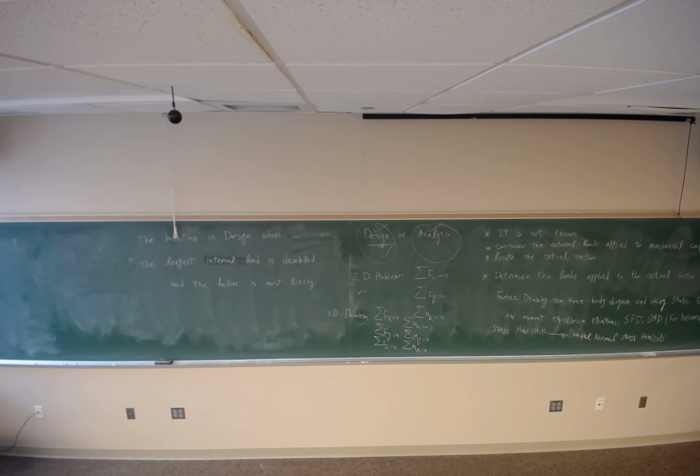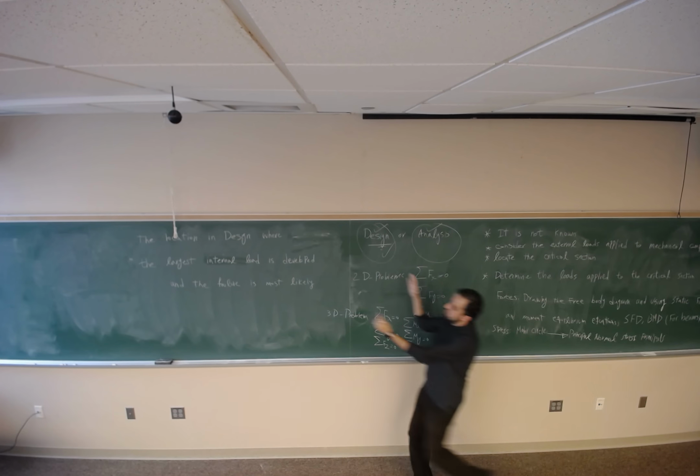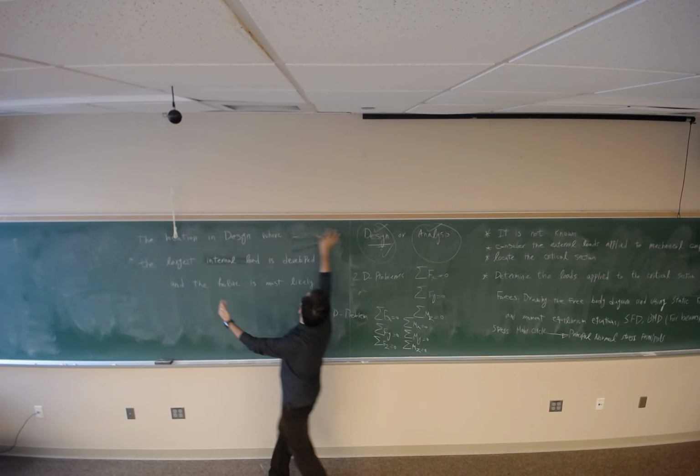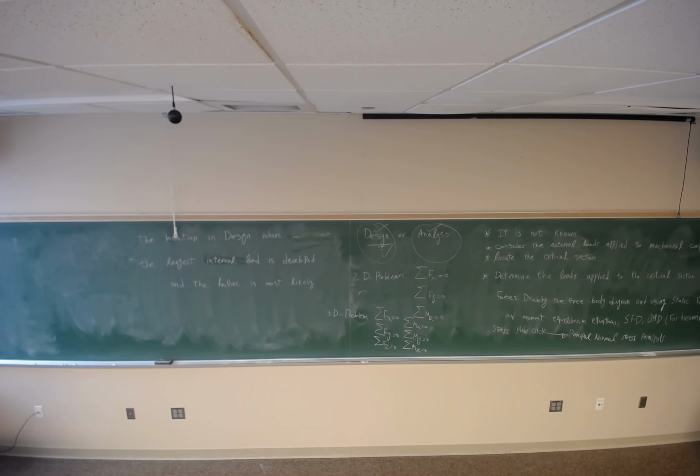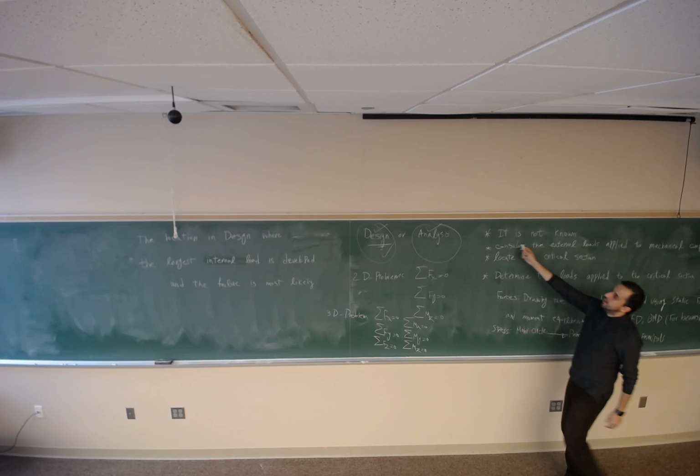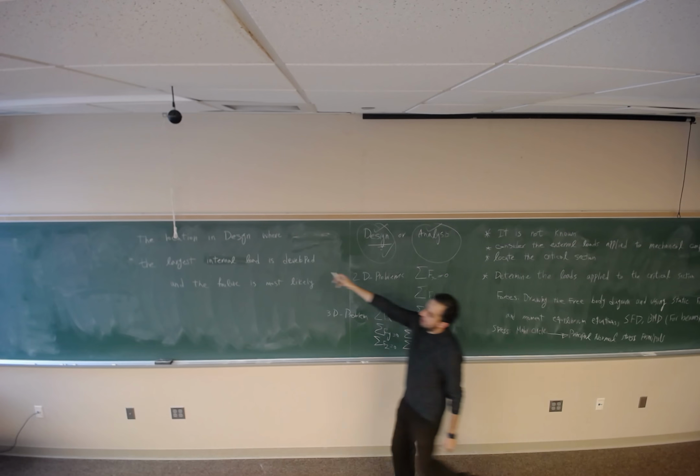So let me just have a quick review on this. When you are given a design problem or analysis problem of a mechanical component like a beam, column, shaft, fasteners, or power screw, first of all, you need to find the critical section.